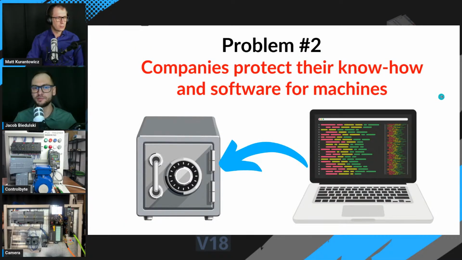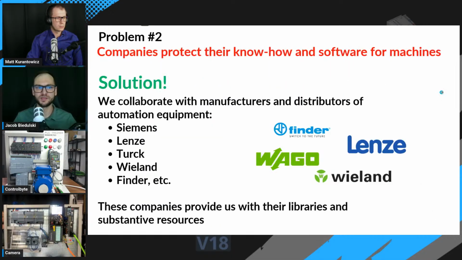The second problem that you will find is that companies protect their know-how and software for machines. We have a solution for this issue. We collaborate with manufacturers and distributors of automation equipment like Siemens, Lenze, Tark, Wieland, and Finder, and those companies provide us with their libraries and resources.